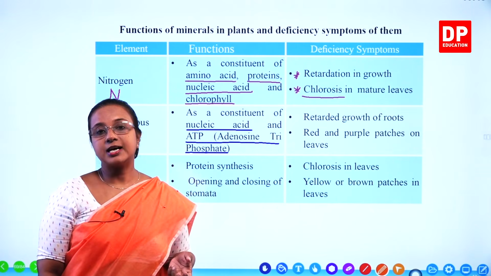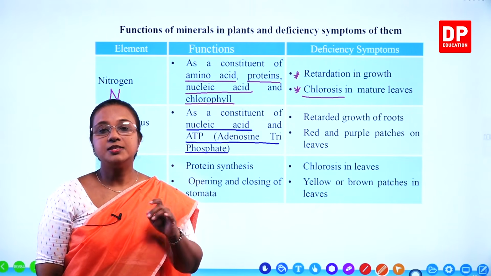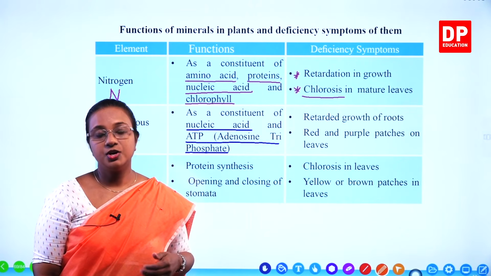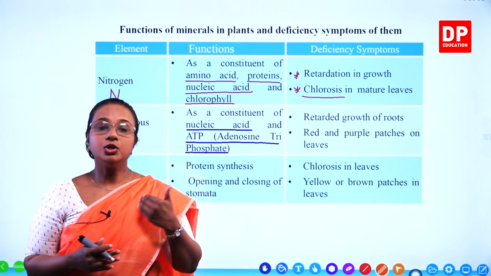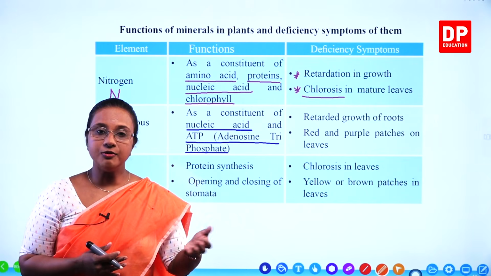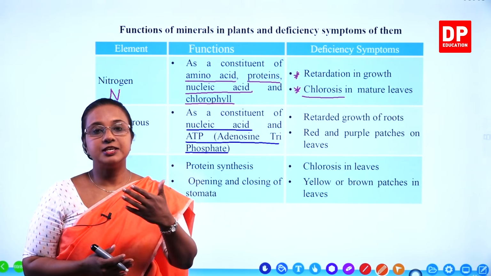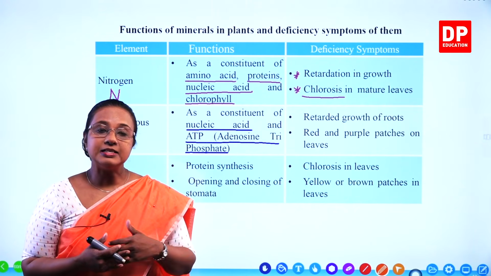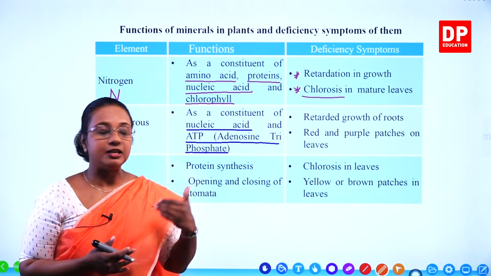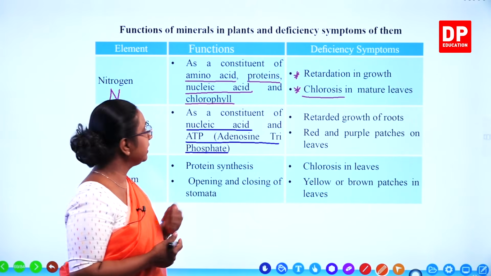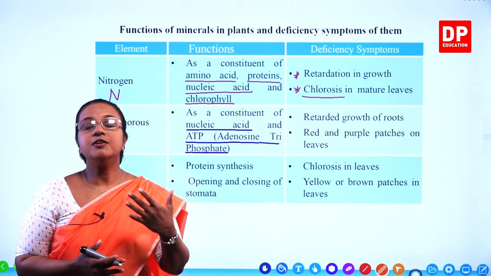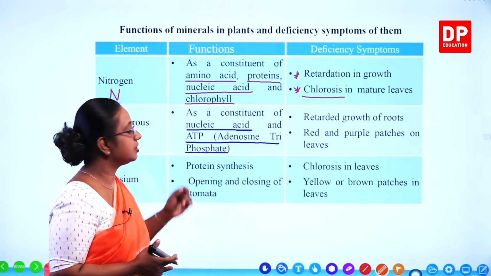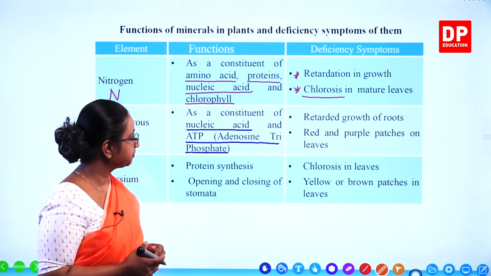We have already discussed the process of cellular respiration when we discussed carbohydrates. So, this is the process where glucose molecules are broken down in order to produce energy for the function of the cell. So, in that the energy is produced and contained within molecules called ATP, adenosine triphosphate. So, the phosphorus element is a constituent of ATP.